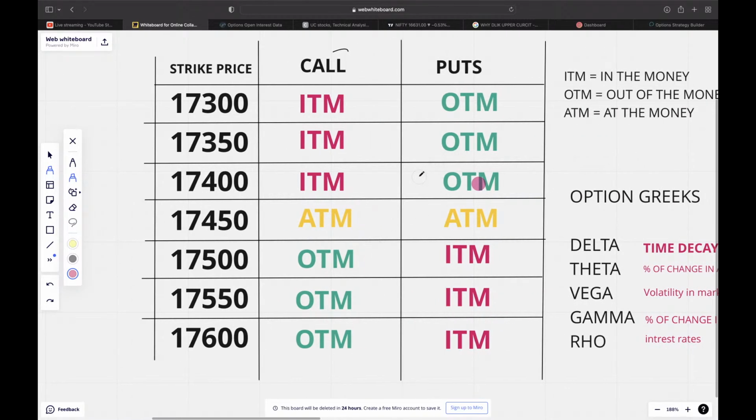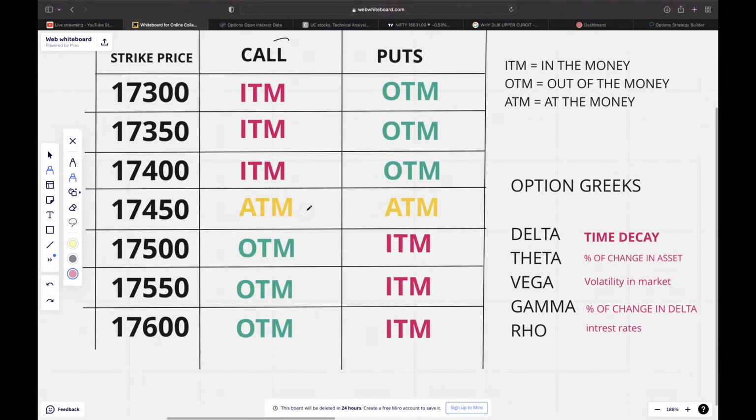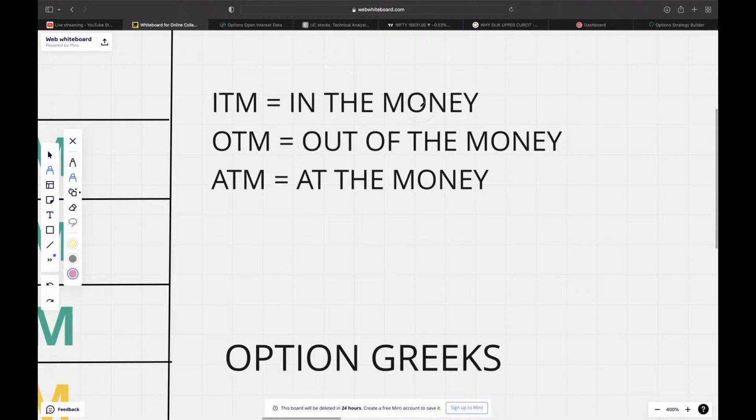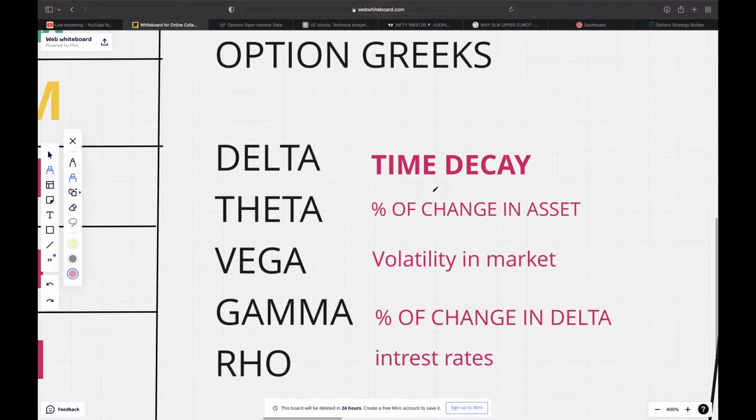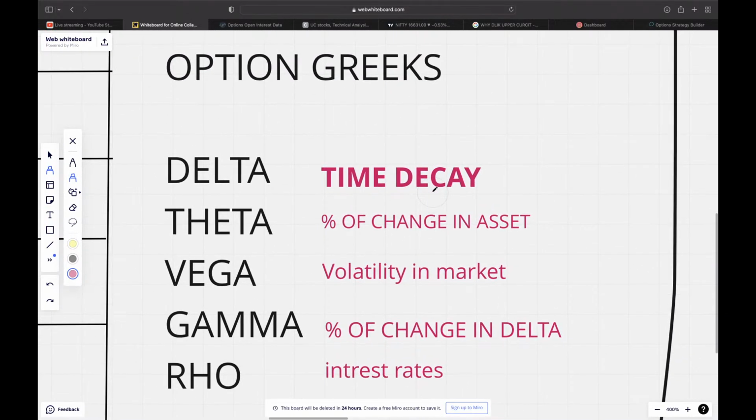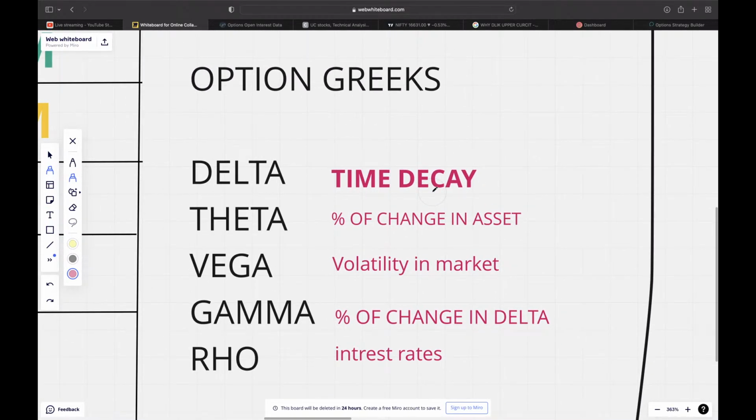And while you're choosing your FNO strike prices, always make sure they are the OTMs. So for the puts, the OTMs will be the downside, and for the calls, the OTMs will be the upside. Clear, everyone? I've already told you OTM, ITM, ATM full forms, and I've already told you option Greeks.